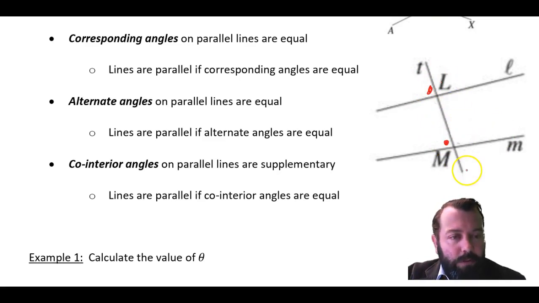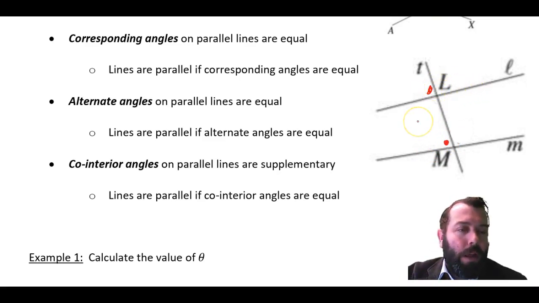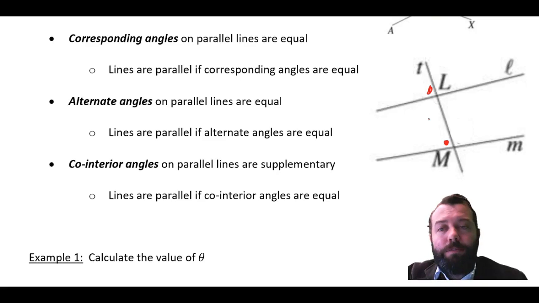We have a transversal that cuts both of the lines. Now my angles here are both to the left and they are both above that pair of lines. They could both be on the right, they could both be below, something like that. But in this setting here, in this arrangement here, they are corresponding angles.